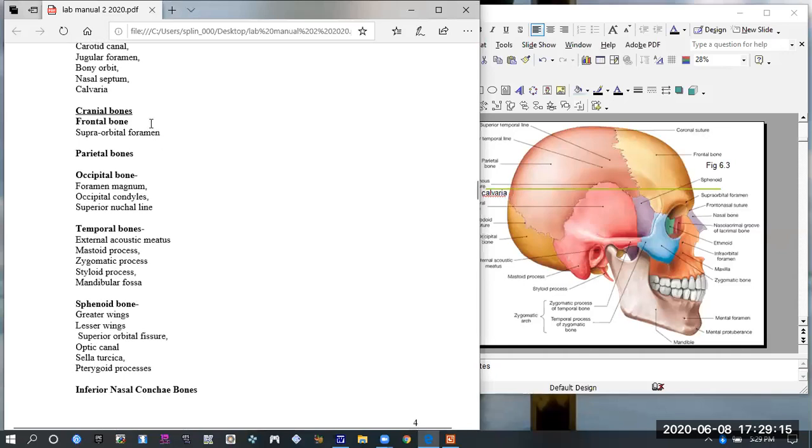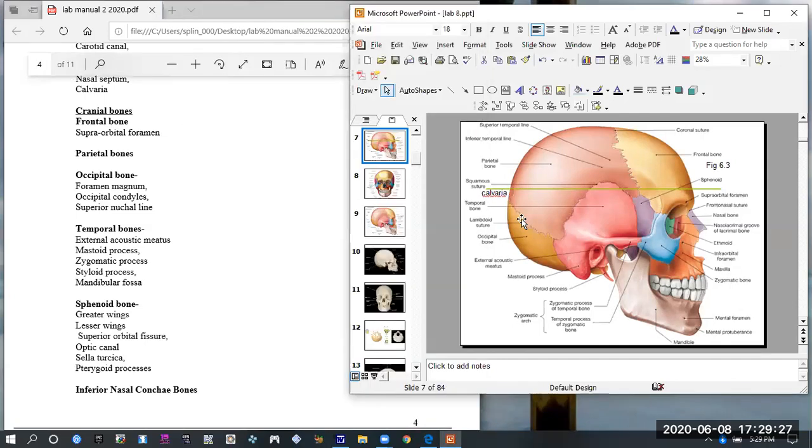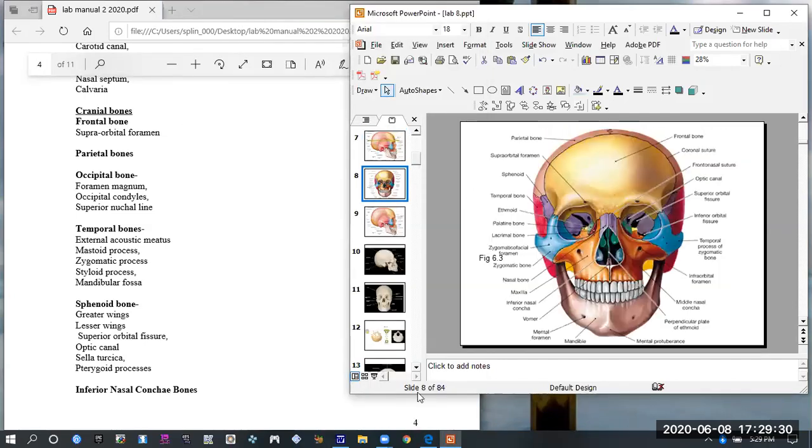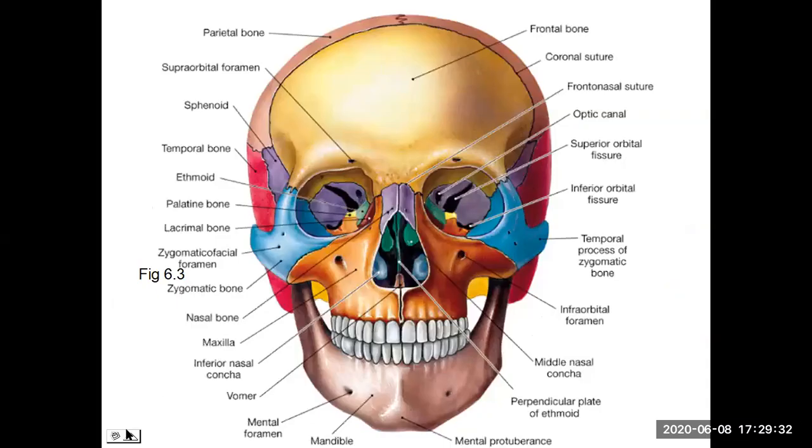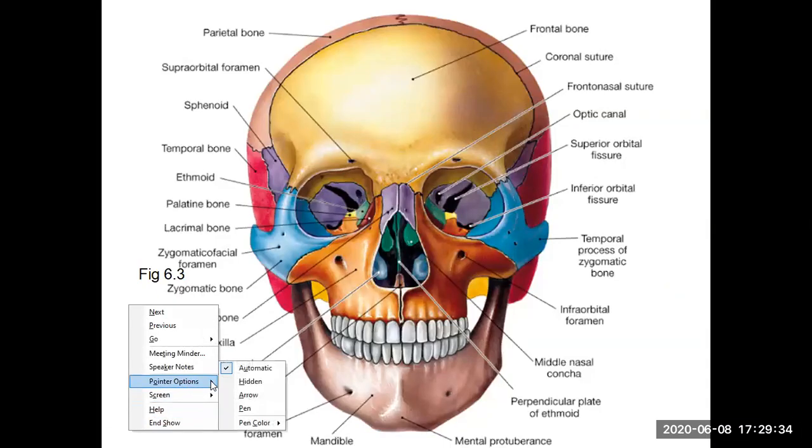So now we're just going to continue with this list. And we have the textbook figures that are color-coded or helpful, but we will be tested using the photographs of the skull. So starting with the frontal bone, of course, the bone right here on the forehead. And we'll just stay with the pictures and go down the list.